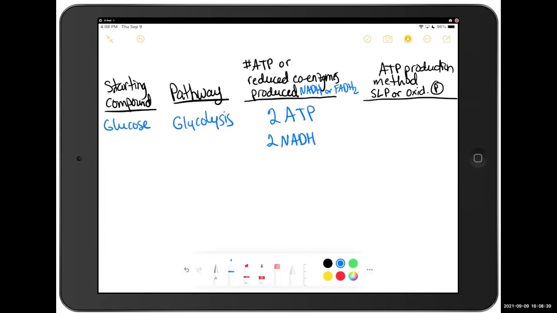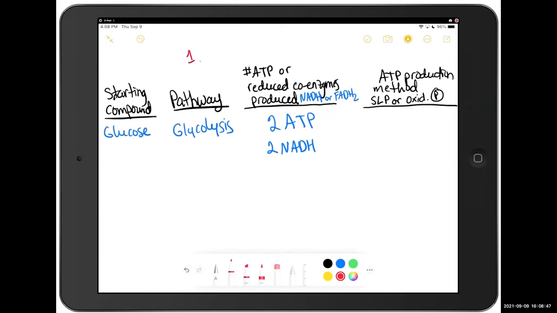And guess what? We know that for every 1 NADH produced, this will generate 3 ATP in the electron transport chain. 1 NADH will generate 3 ATP, and 1 FADH2 will generate 2 ATP.